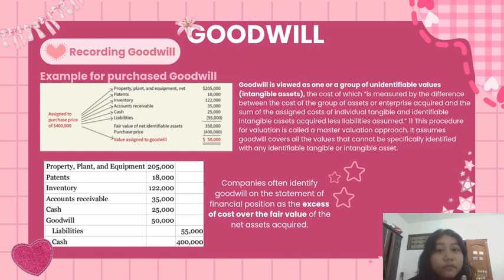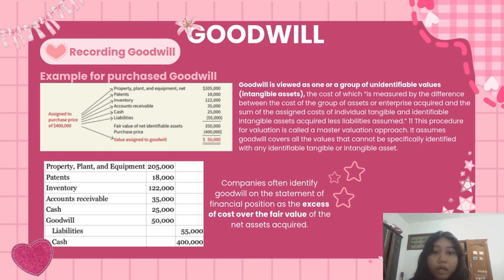So goodwill is viewed as one or a group of unidentifiable values or intangible assets, the cost of which is measured by the difference between the cost of the group of assets or enterprise acquired and the sum of the assigned costs of individual tangible and identifiable intangible assets acquired less liabilities assumed.